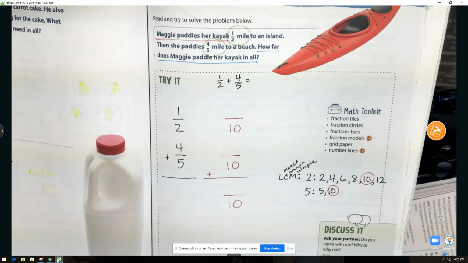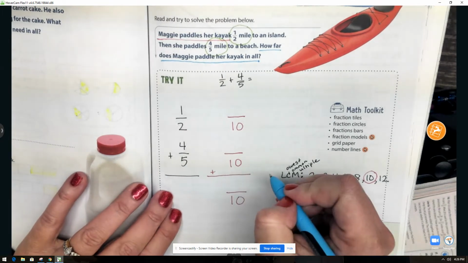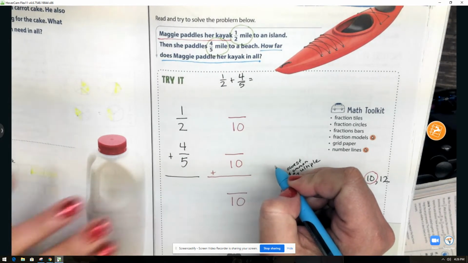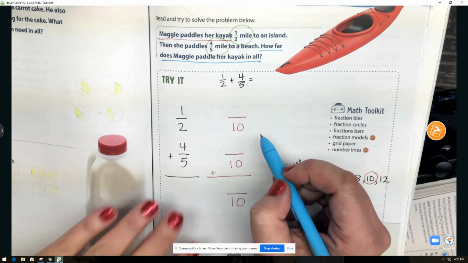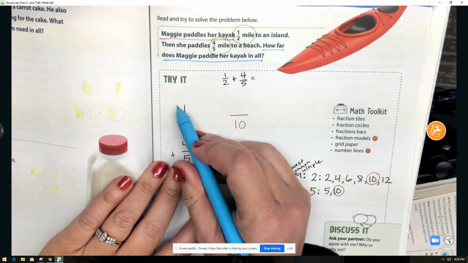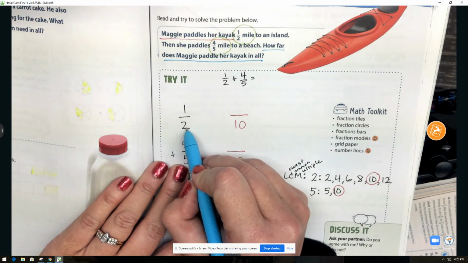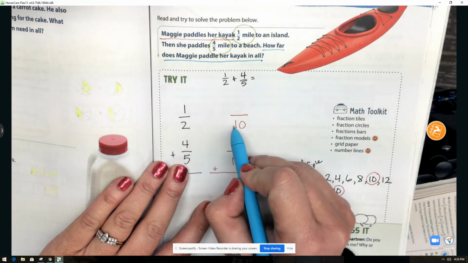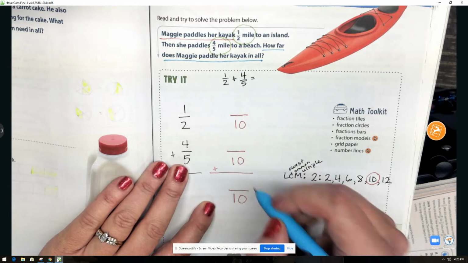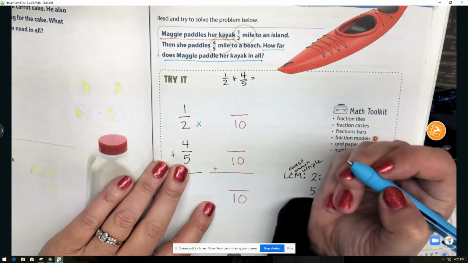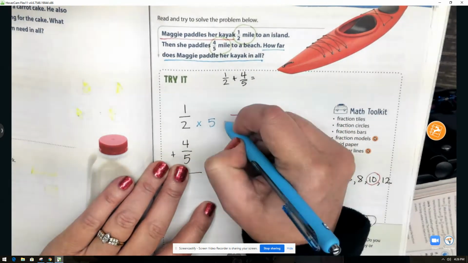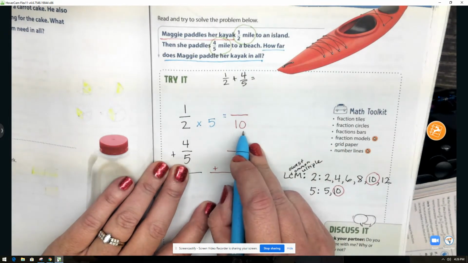After we found the lowest common multiple, we need to make equivalent fractions. To do that, we look first at this 1/2. We need to figure out how many times we multiplied 2 to get this 10. I know that 2 times 5 equals 10.